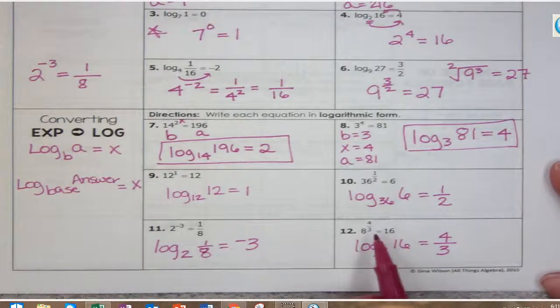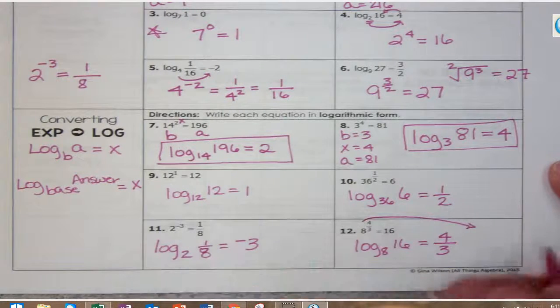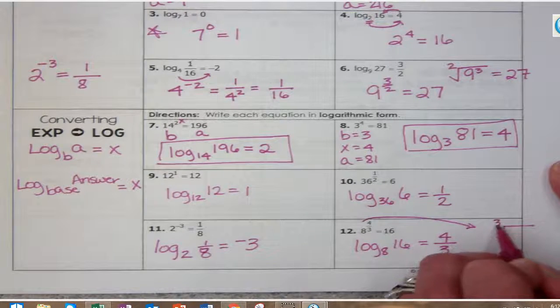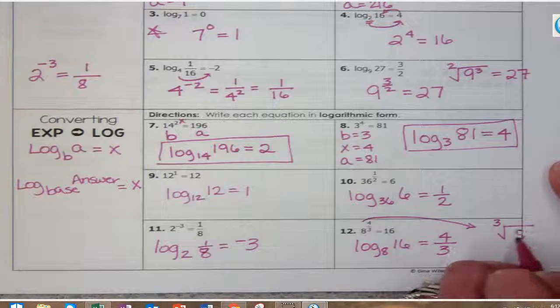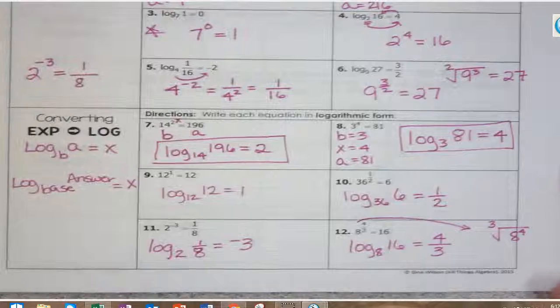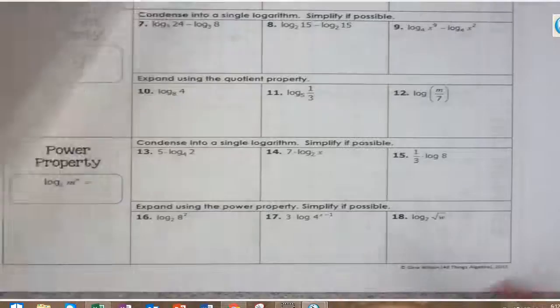If you were to rewrite this, that would basically be the cube root of 8 raised to the 4th power. That's how you would rewrite that in a radical form. Alright. Hopefully that's just going to take a matter of practice.